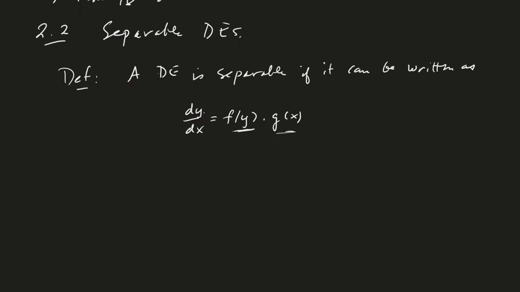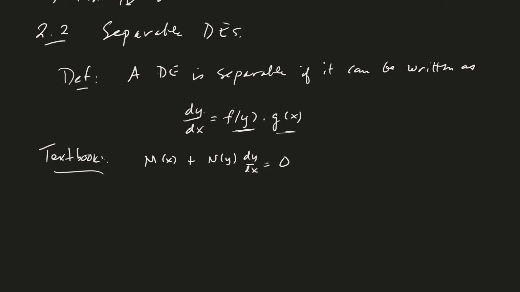I did want to mention this note here because the textbook uses a slightly different definition, but they mean the same thing. They say a differential equation is separable if it can be written as M of x plus N of y dy over dx equals 0.